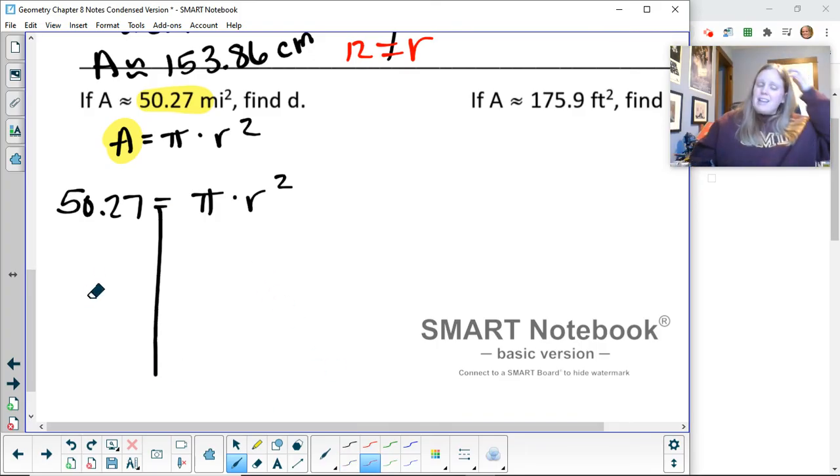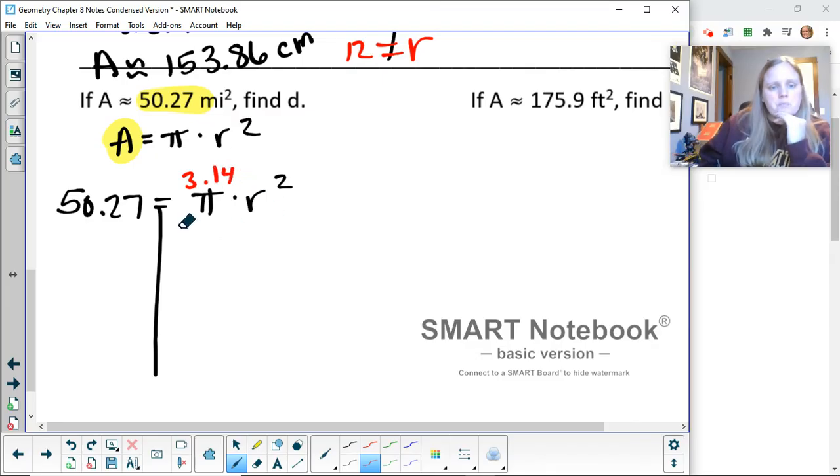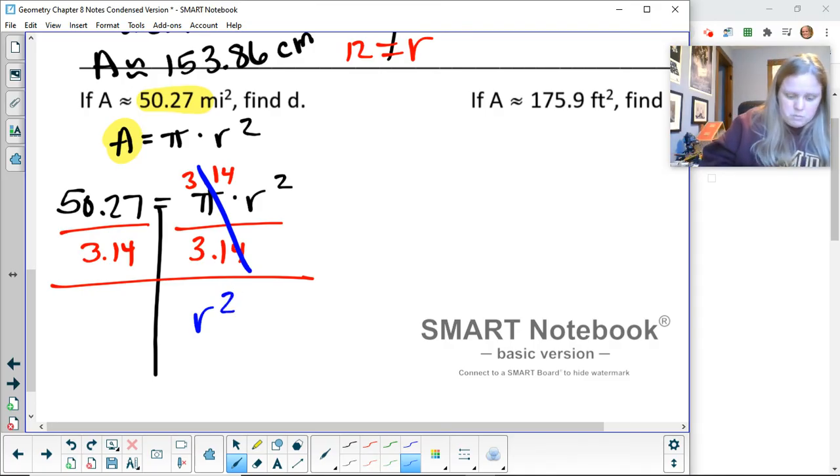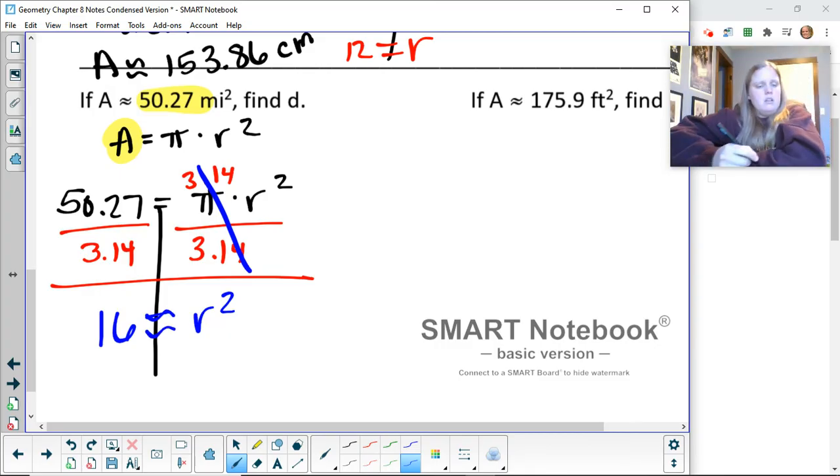Now, because I can't just cancel out the pi's, I remember that pi is really 3.14. So I'm going to divide both sides by 3.14. And when I do that, the pi does get canceled, and I have r squared left. And then 50.27 divided by 3.14 comes out to really close to 16. That's approximate because I rounded, but 16 is a perfect square.